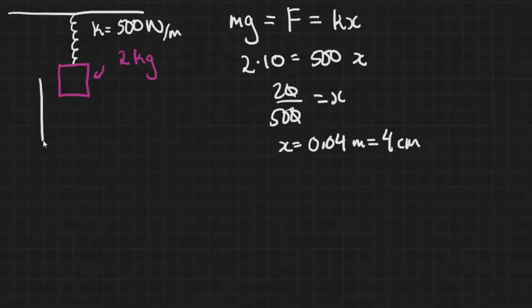As it's falling, let's define positive to be pointing downwards. It's got this positive force acting on it all the way till that point, and then it's zero. Which means it's going to have positive acceleration the entire way as it's falling these 4 centimeters. For these 4 centimeters, it's got positive force.